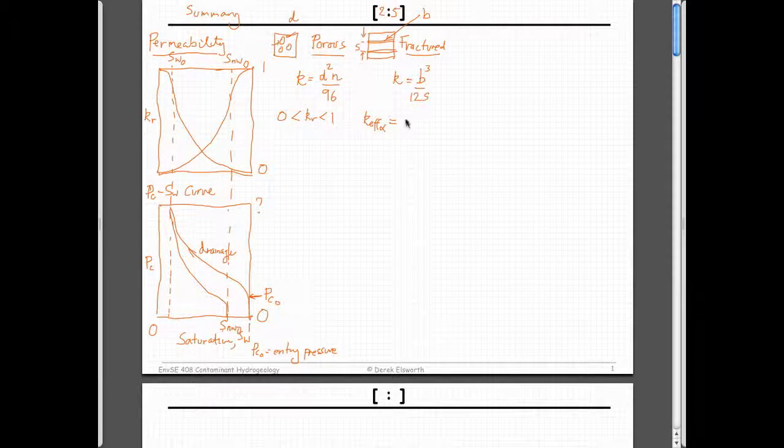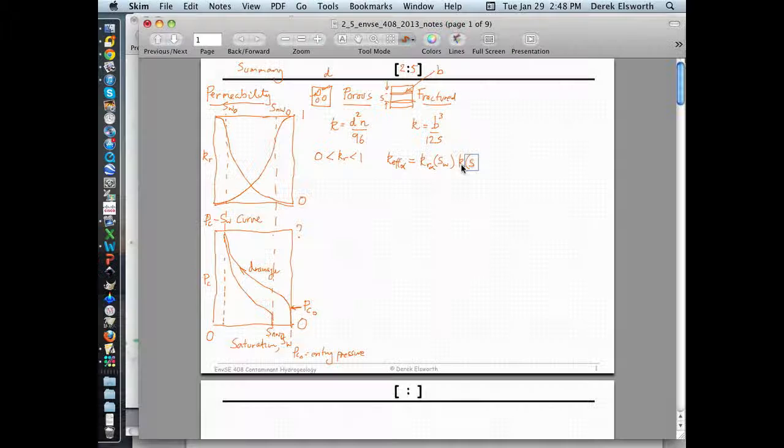The effective permeability is just the relative permeability to that phase, which is a function of saturation, multiplied by the permeability at a saturation of alpha at 100%. That's all that effective permeability is.